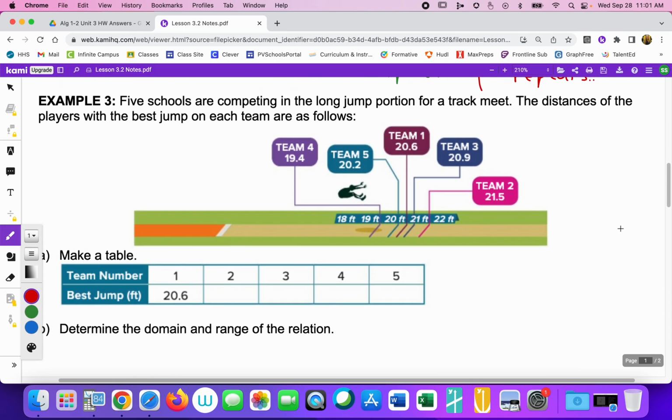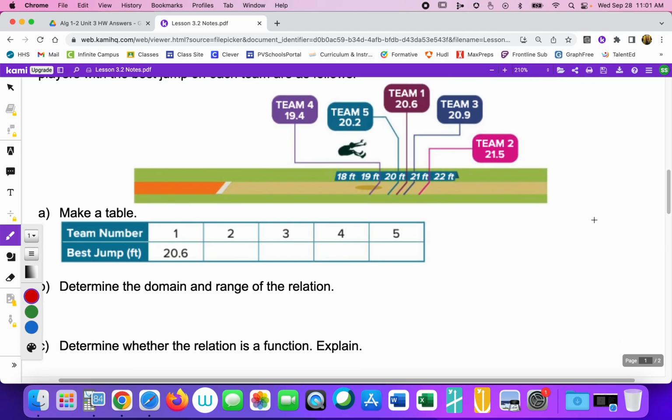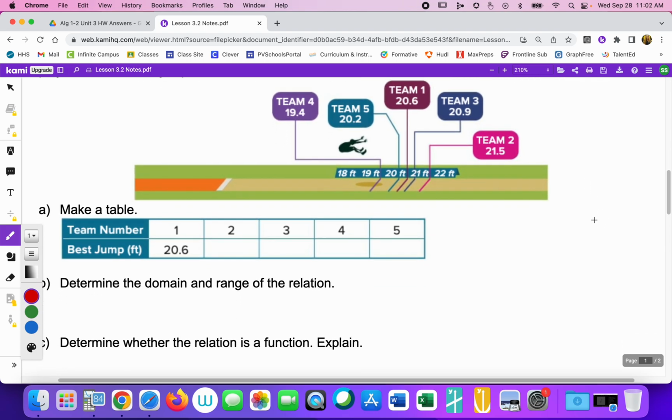All right, 5 schools are competing in the long jump portion of a track meet. The distances of the players with the best jump on each team are as follows. So we're going to make a table. It's been started for you. So what is the best jump for team 2? 21.5. So go off the picture.